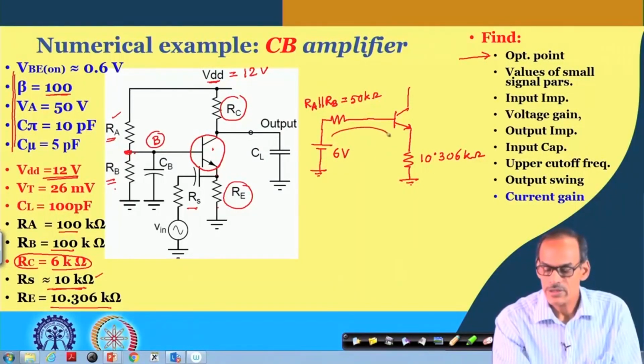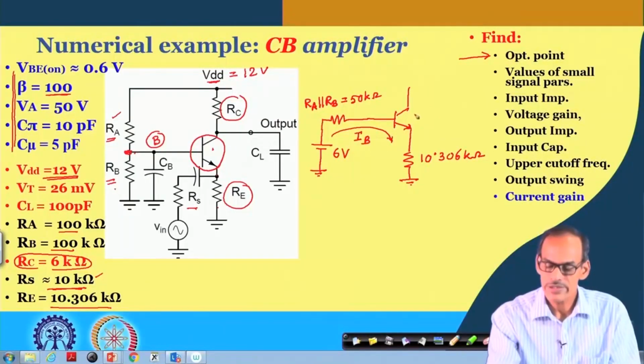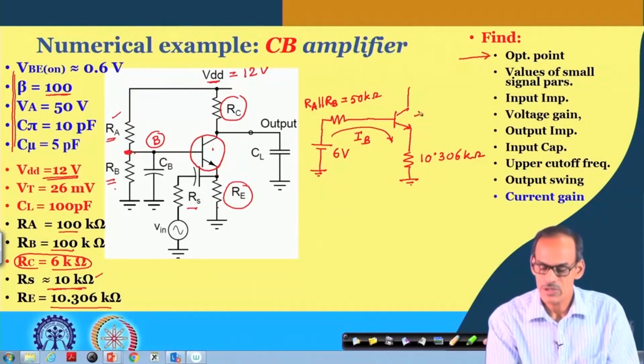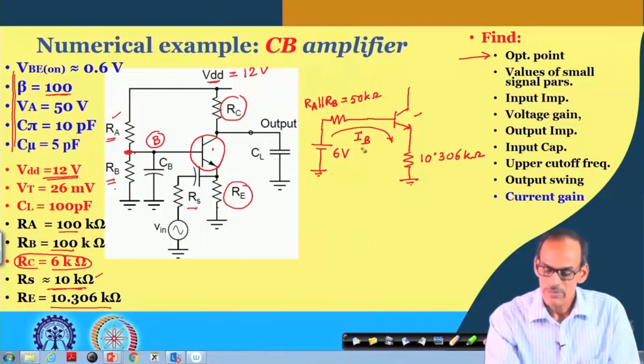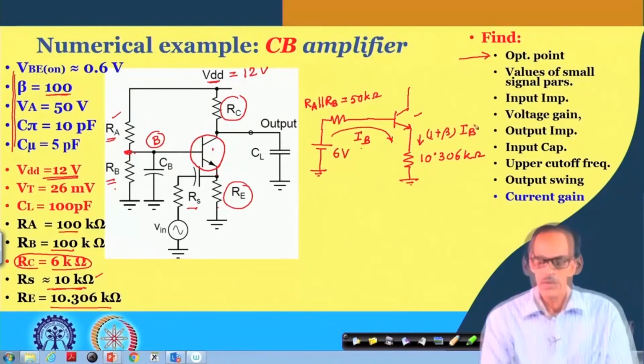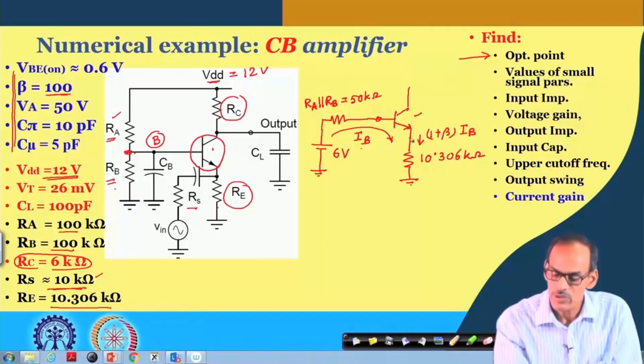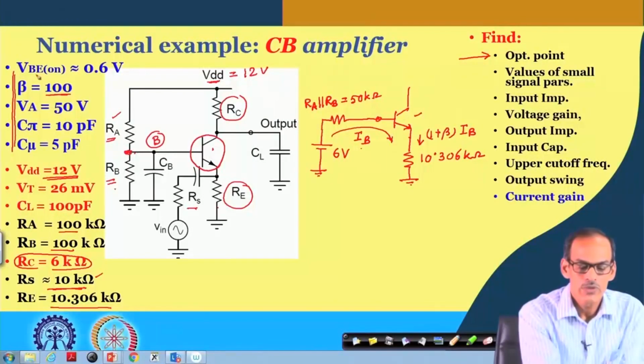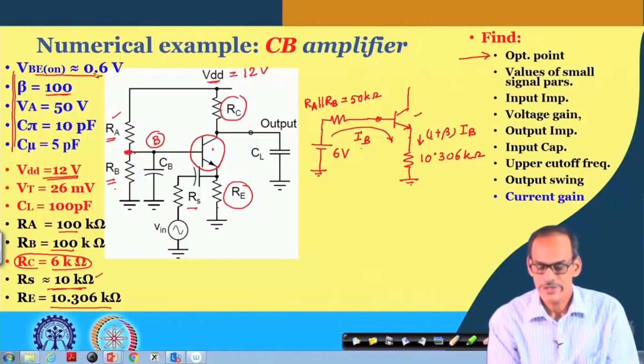So, we are expecting that there will be a current flow, and let me call this current I B. If the transistor is in the active region of operation, this I B current produces a current here which is 1 plus beta times I B, right. Now, from base to emitter node we do have V B E on of 0.6 volt.